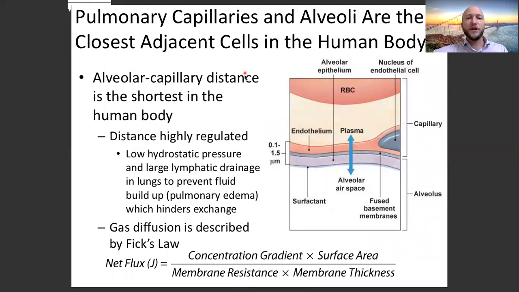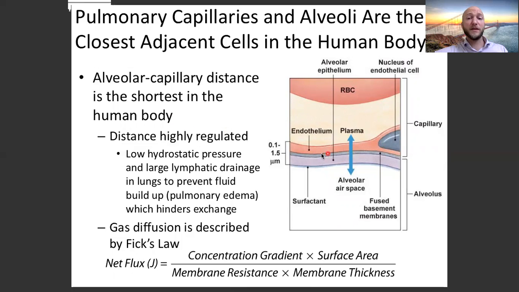So the pulmonary capillaries and the alveoli are the closest adjacent cells in the human body. The alveolar capillary distance is the shortest in the human body. This distance is highly regulated. So the interstitial space, that's what we're talking about. Remember, the thinner the membrane, the higher the flux.